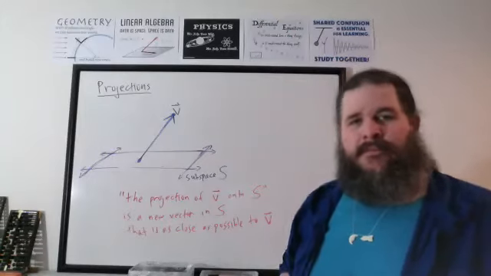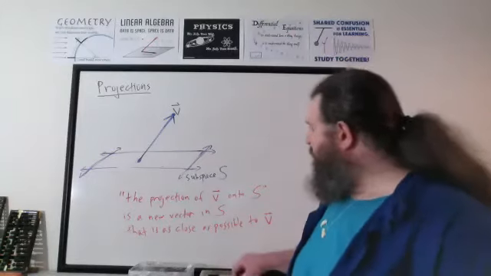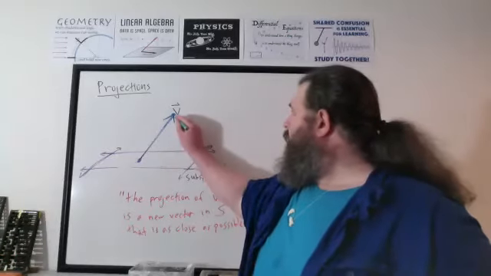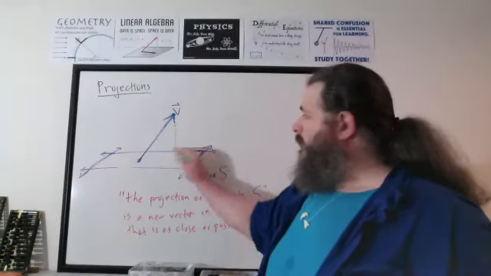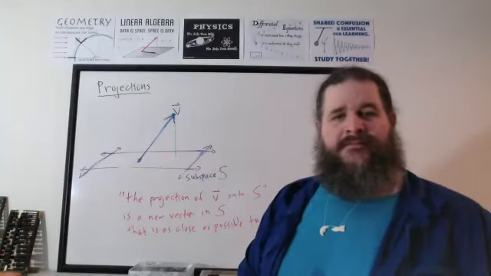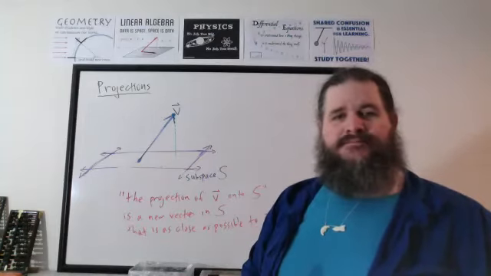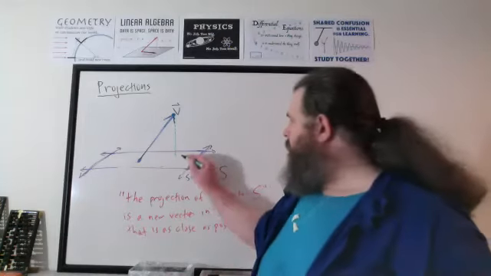Going straight down. Yeah, in this case, straight down. In other words, creating a line that forms what angle with the plane itself? 90. Yeah, a right angle.